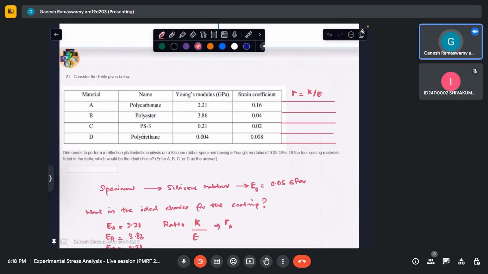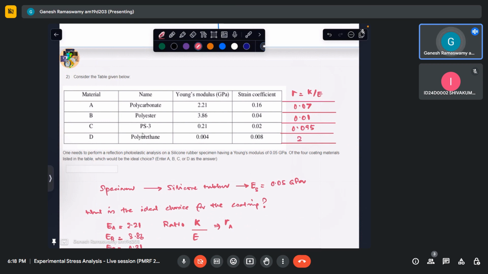This comes at 3.16 by 2.21, 0.07, or 0.04 by 3.86, 0.01, and then this is 0.02 by 0.21. So this is 0.095 and this is 2.